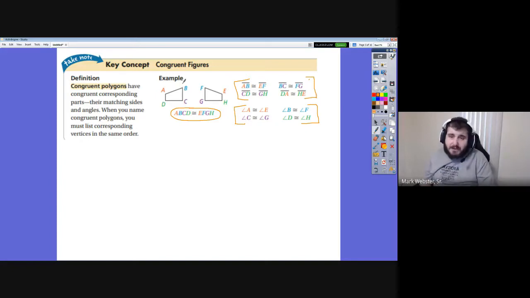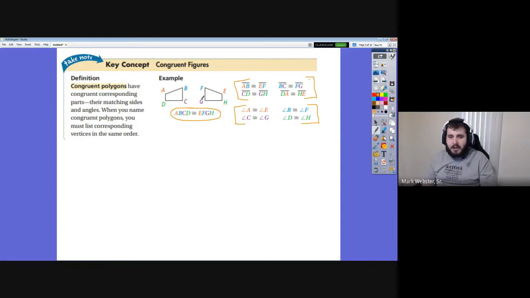Now, once again, it doesn't matter where I start. It doesn't matter what letter I pick to be the first letter, as long as I, number one, am consistent, and number two, go clockwise or go counterclockwise around. I can't just sort of skip around.